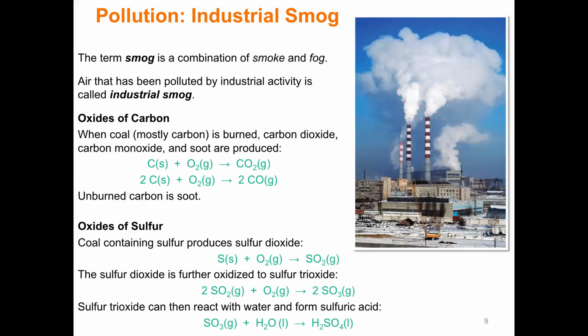That is not to say that non-industrial activity doesn't also produce carbon oxides and sulfur oxides, because it does. We just talked about cooking fires, right? Burning your fireplace, there's going to be oxides of carbon there, all right? But in terms of where the bulk of this kind of smog comes from, it comes from industry.